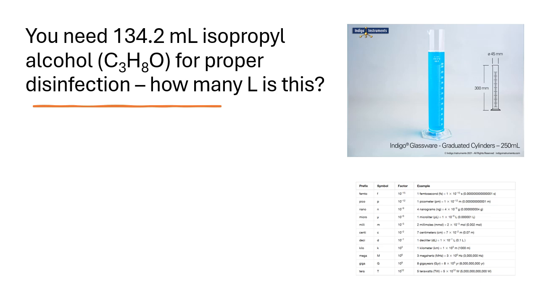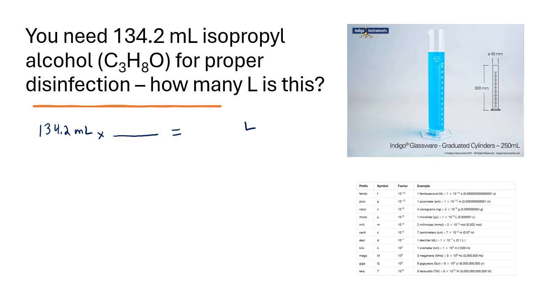I like to start these problems by writing down the amount that I know or that I'm given. I know that I have 134.2 milliliters of isopropyl alcohol. I'm going to multiply this by some conversion factor and try to answer the question, how many liters is this amount?